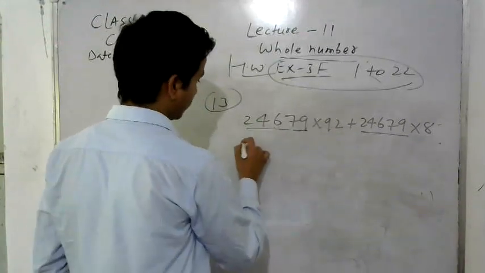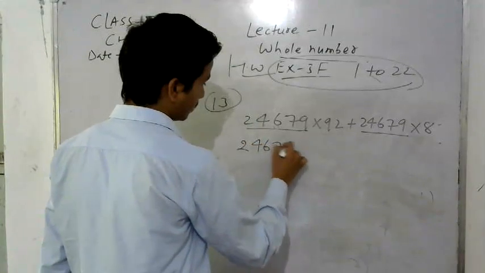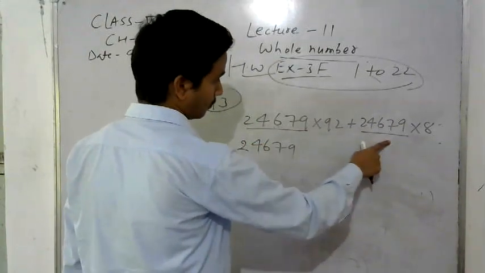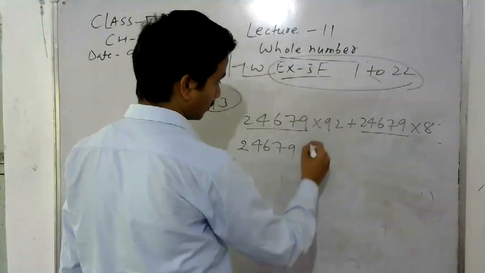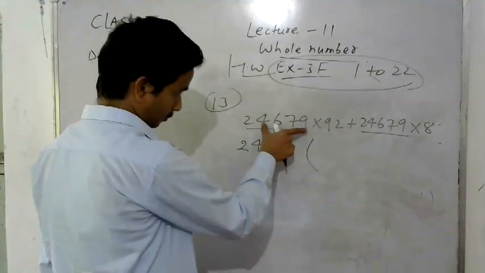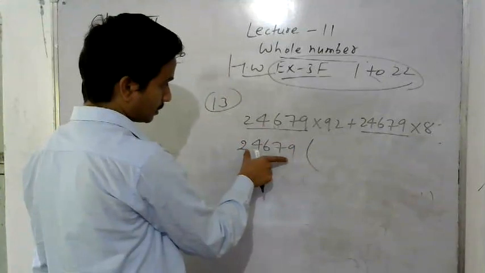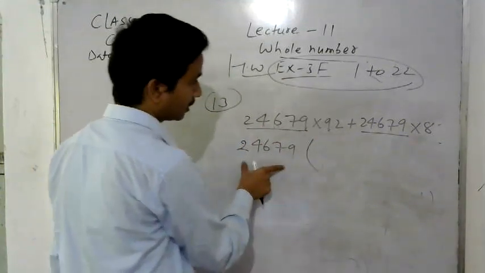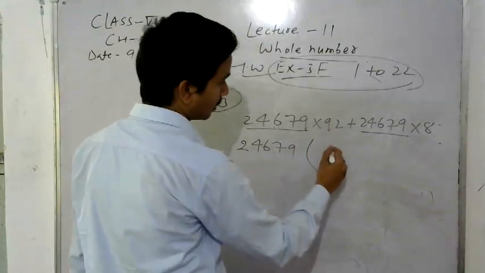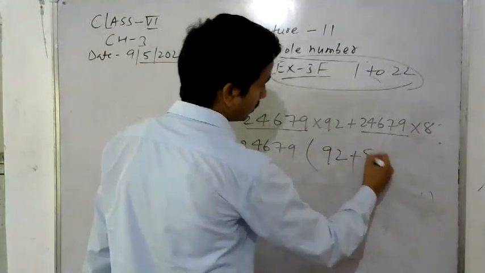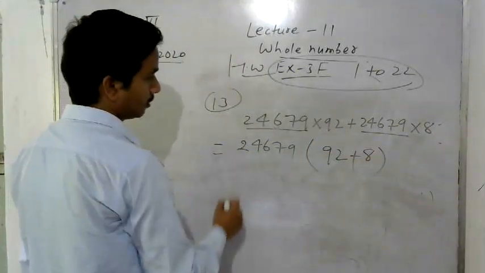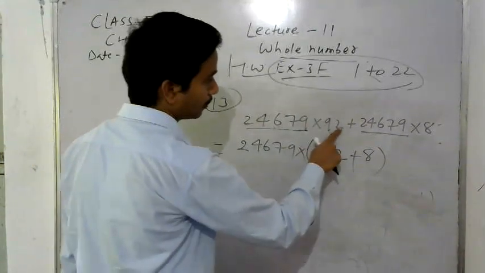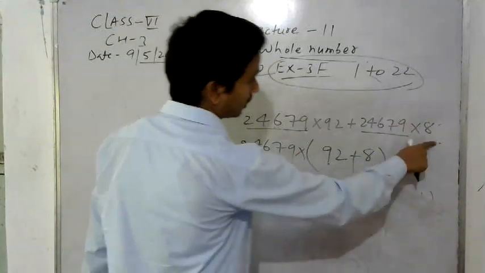So we can take it common. 24679 is multiplied to both this and this. So we can take it common. So 24679 will come here, and what will remain here? 92 plus 8, because 24679 is multiplied to both 92 as well as 8.